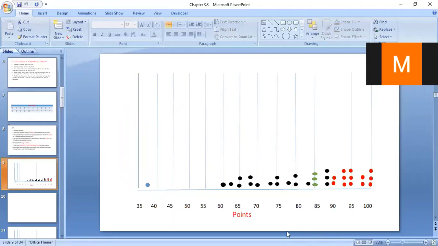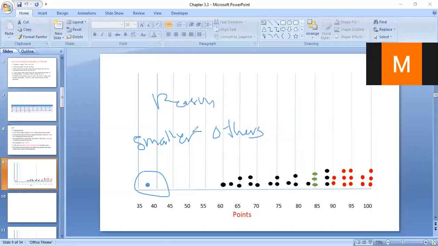This is the smallest. What is the reason why this student got only 38 points? It could mean the student is very bad at math, or they don't study, or the question is really hard for this student.